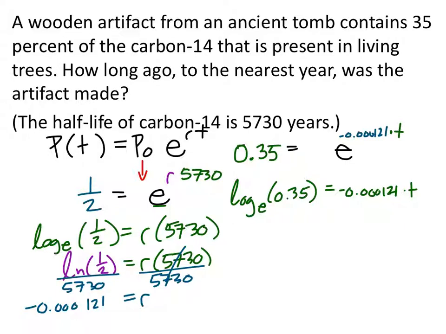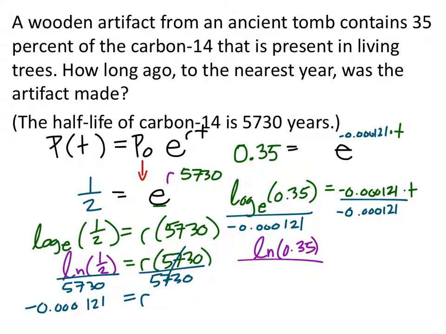And then to solve this, we'll divide both sides by the rate, negative 0.000121. I probably should have changed that into a natural log first. Let's do that now then. I'm going to take the natural log of the 0.35, and we'll divide that by the rate. But this now will equal just 1t.